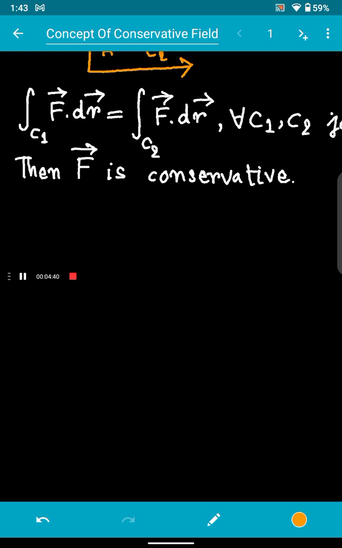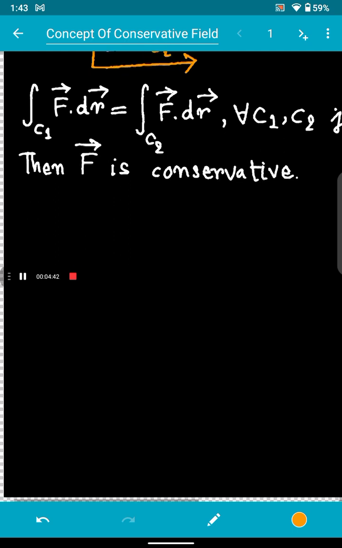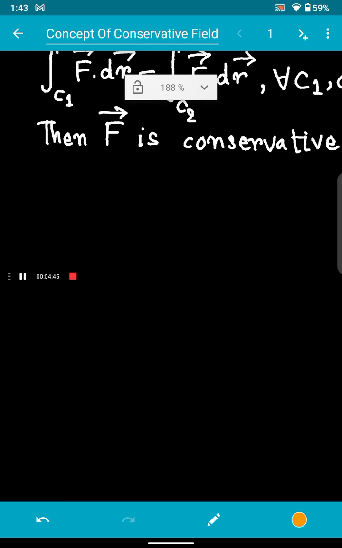Anyway, for a field to be conservative, there is one thing that must hold. I hope you know a little vector calculus, but even if you don't, there's no problem.